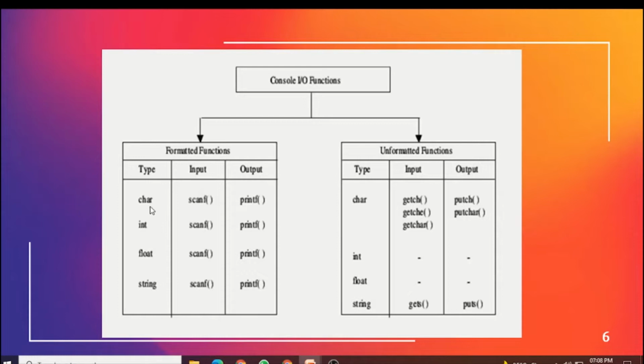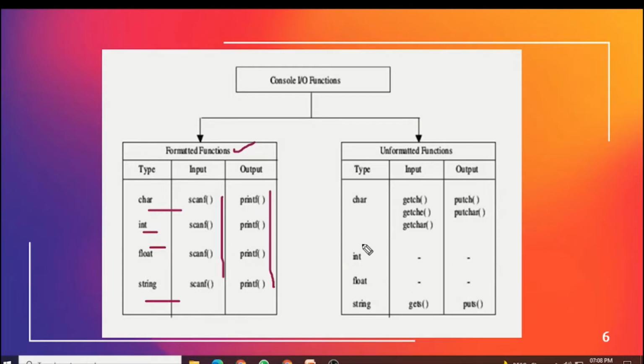For any type, whether char, int, float or string, we use scanf as the input function and printf as the output function. By using printf and scanf, we can format the input as well as the output by using different format specifications.